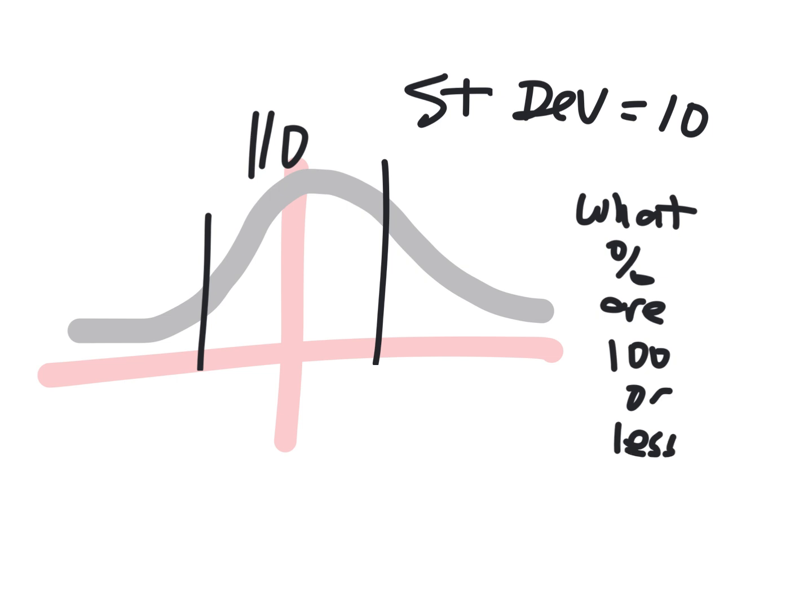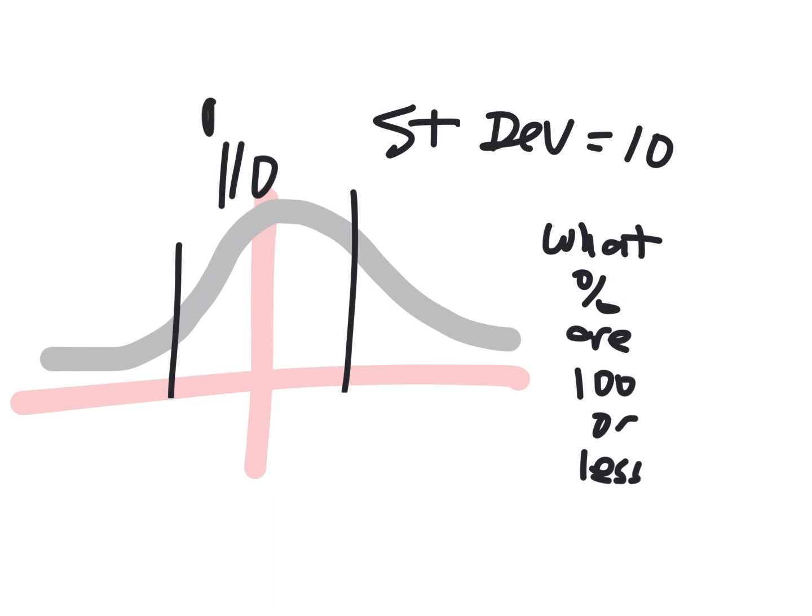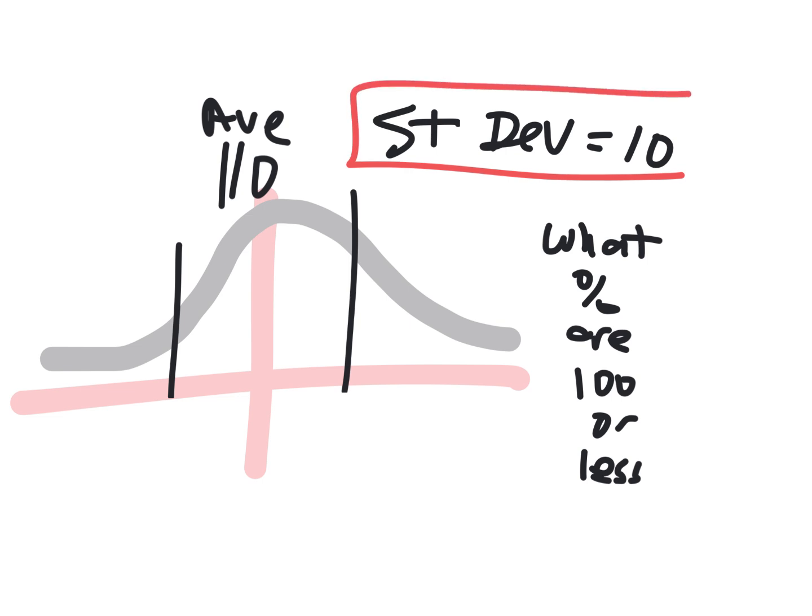Of course, this is just made up numbers, but if 110 is my average and the standard deviation's 10, you should know what these two numbers are here and here. And I will write those percentages on the board again. 34%, 34%.